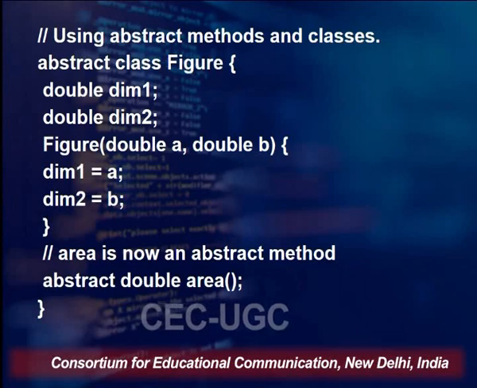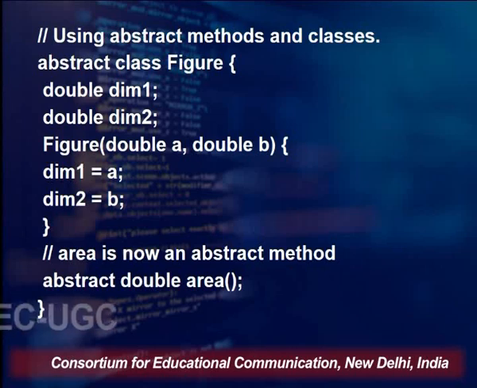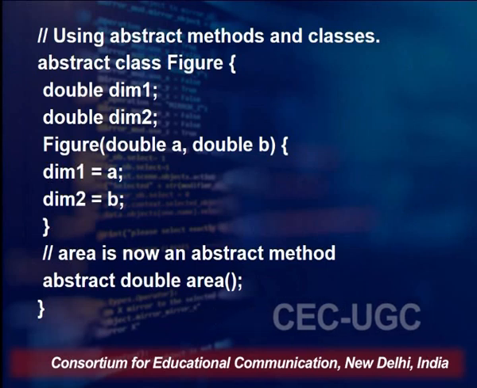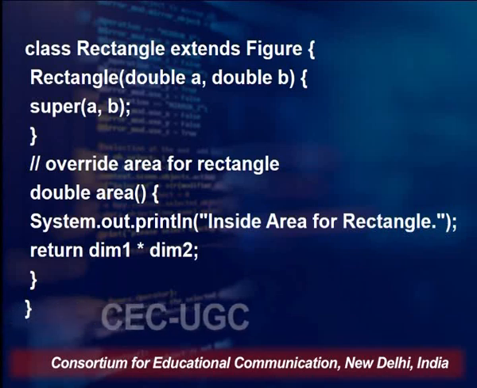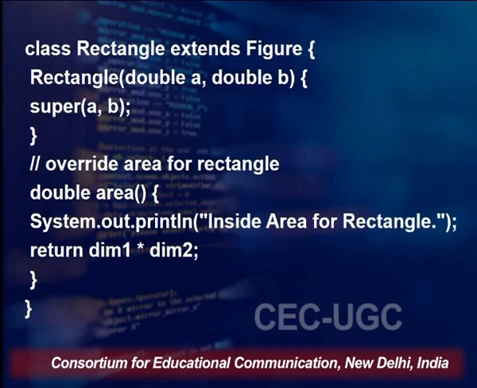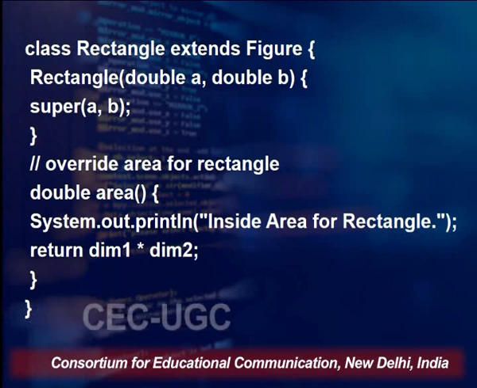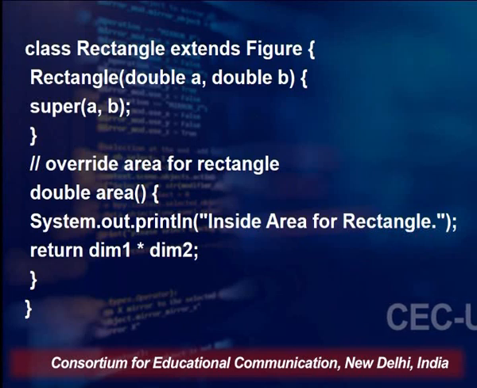Also, one more restriction put on this class Figure is that it is now not possible to create objects of this class, although references can be created. What I am talking about, we will see through this particular program. So here we have a class Rectangle which extends Figure, defining its own constructor and calling the superclass constructor by super(a, b), a statement whose significance we have seen in our previous classes.